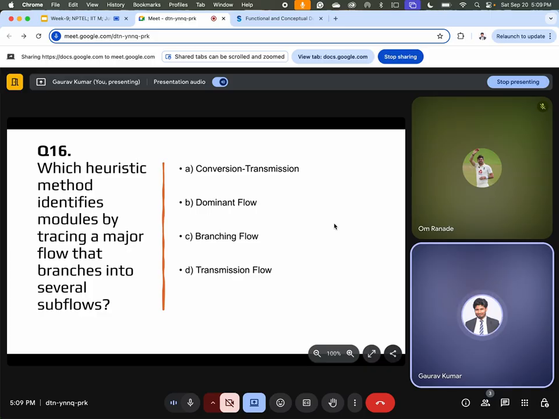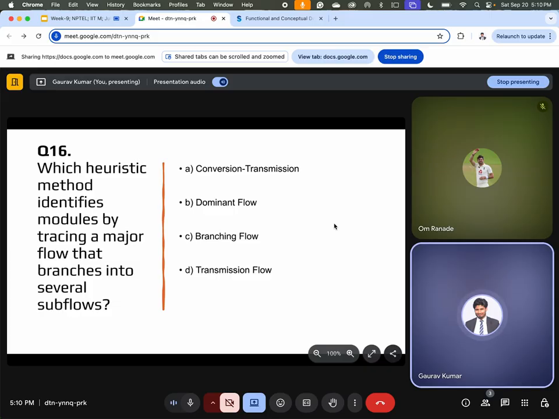So this heuristic differs from conversion or transformation, which emphasize transforming energy or material, and from dominant flow, which highlights a single primary pathway. Transmission flow meanwhile focuses only on movement without branching.